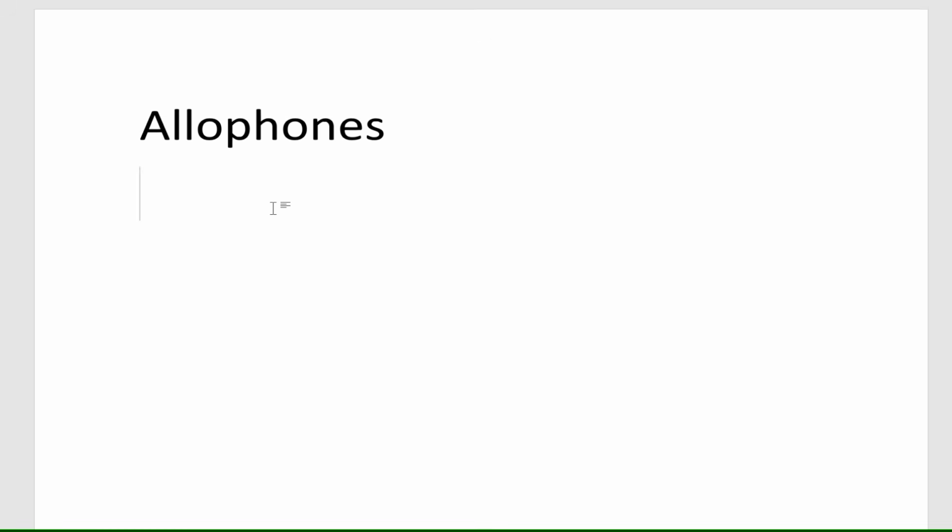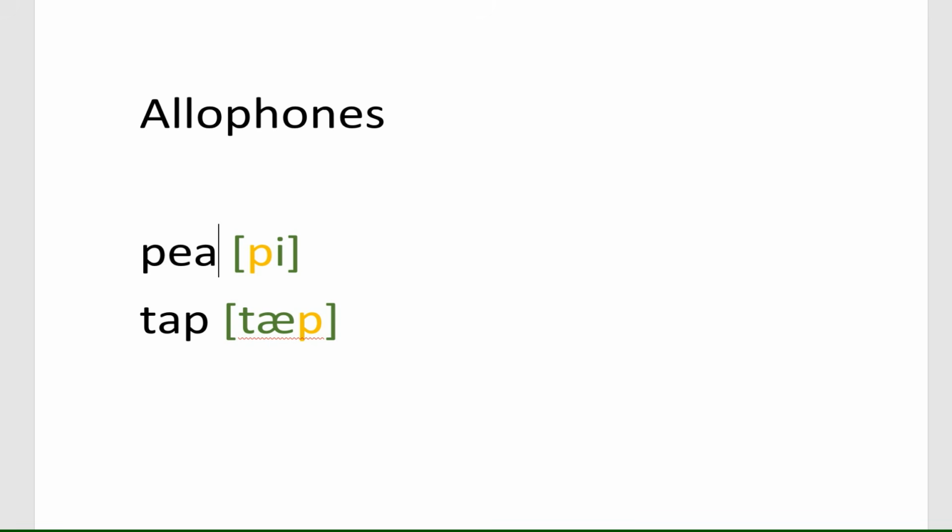So allophones are phones. Let me take another sound, tap and p. The fact is that in English, if you want to pronounce p accurately, you need to do something else. In English, this one is not b, it's p. When you want to pronounce this word in English, you don't just say pa, you say pa with a lot of puff.